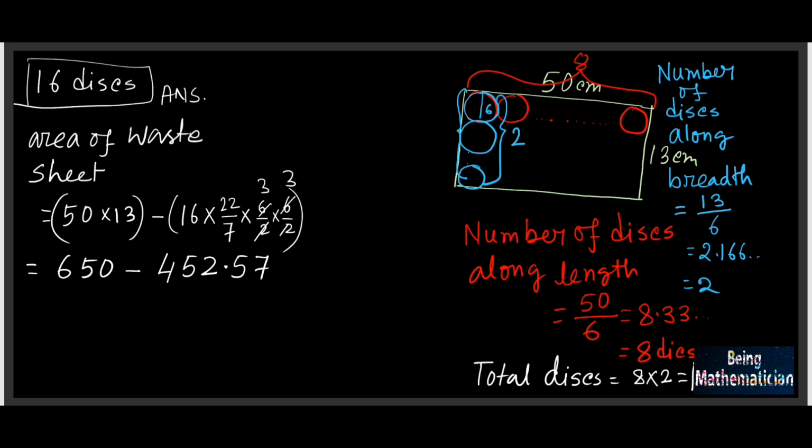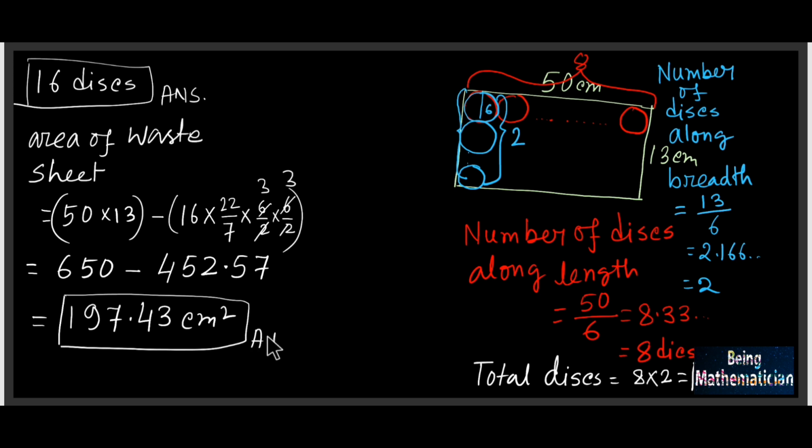Now subtract this from 650 and we get 197.43 centimeter square. So it is our second answer.